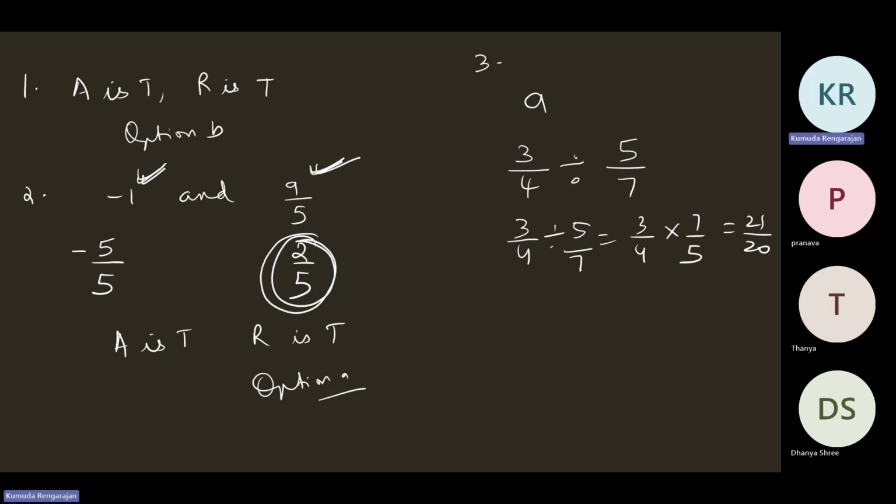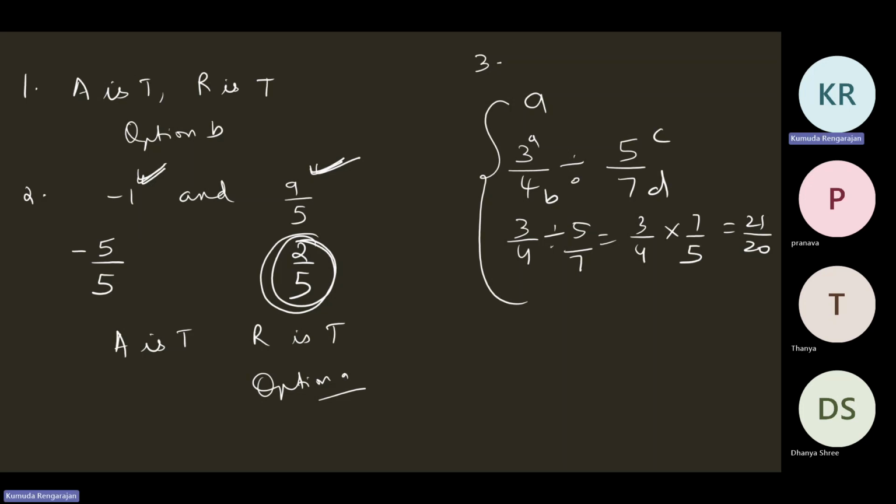When you divide two rational numbers A by B and C by D, the answer is also a rational number. Only when it is 0, it is not defined. Otherwise, it's true. Because they are given A by B and C by D, that means it's not 0.